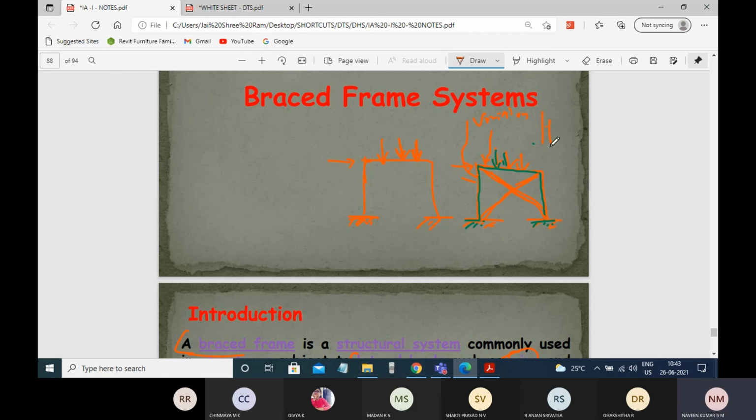Because of that, you can expect smaller sections in the beams and columns. This is the rigid frame system, this is the braced frame system. In the rigid frame, both vertical loads as well as the seismic loads, or lateral loads, have to be resisted by the same structural members. So you may require higher sections of columns as well as beams. That is the greatest advantage of the braced structural system.